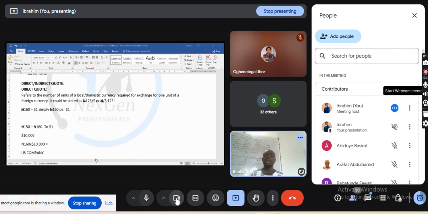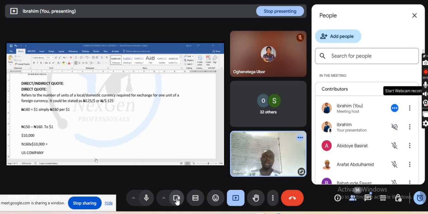Now, if the spot rate is given as 160 naira to dollar, don't forget, 160 naira is a Nigerian currency. The other one is overseas.